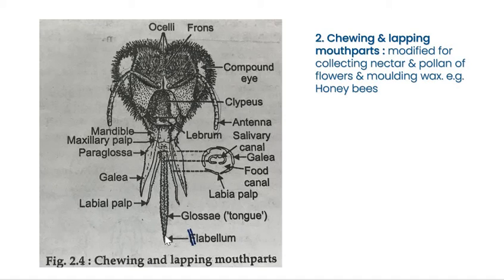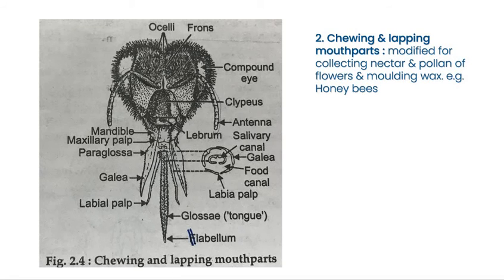The paraglossae are greatly reduced, while the glossae are united, hairy and greatly elongated, forming the retractile lingular tongue, which terminates in a honey spoon or labellum.